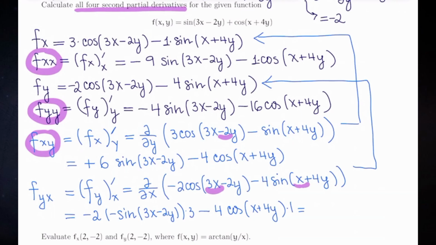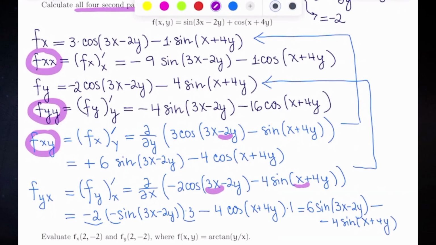If we clean this up a little bit, what do we get? Here's negative 2 times negative times 3, so that's positive 6 sine of, oops, sorry, let me fix that, 3x minus 2y, and then minus 4 sine of x plus 4y. You probably already noticed that they are the same.